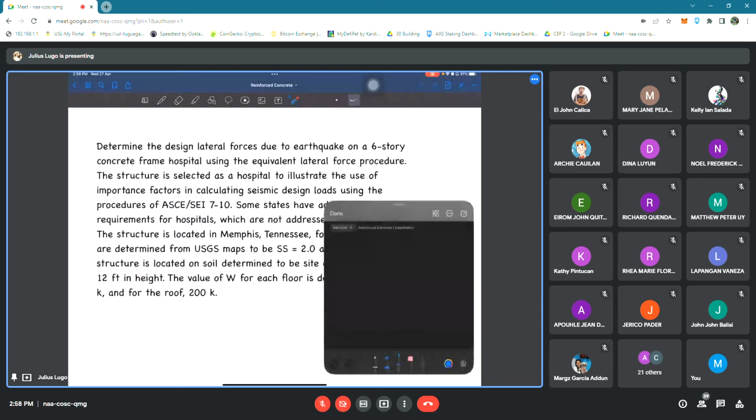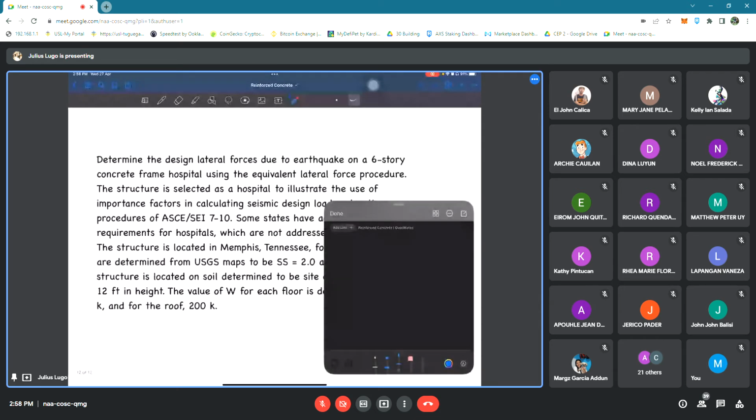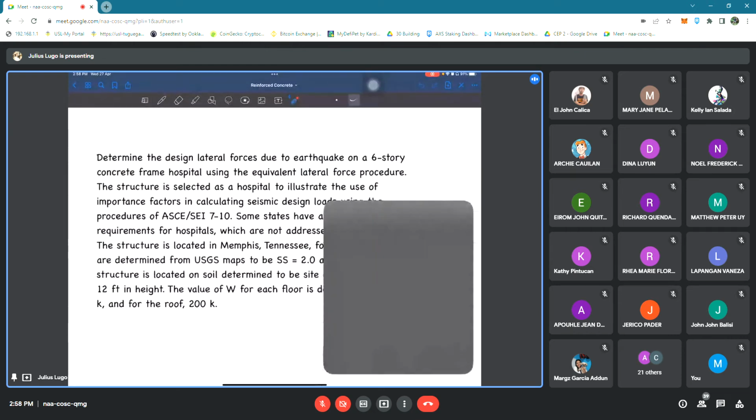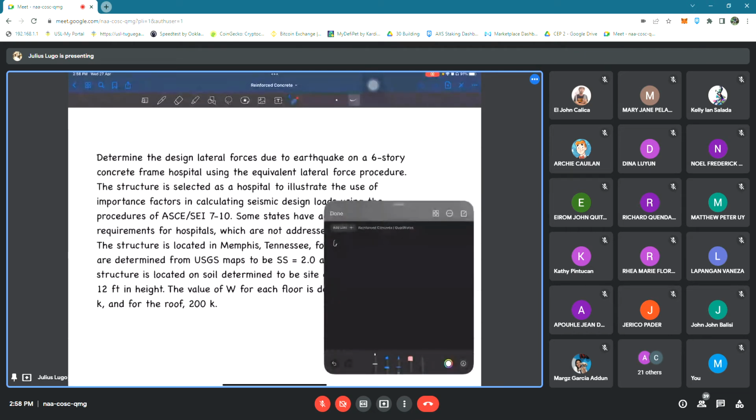So let's list the given. So the first given is it's actually a six-story building. Six-story siya.